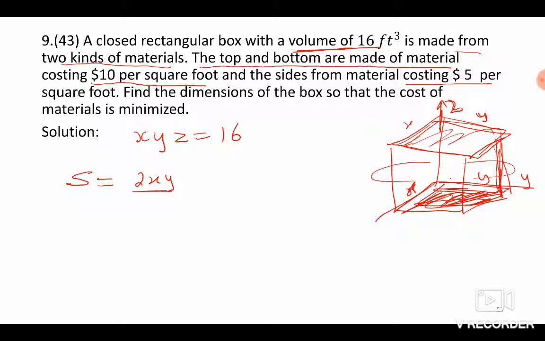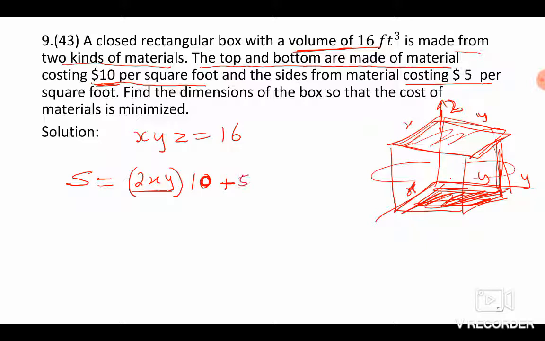For the material for the bottom and top, they spend $10 per square foot, so we should multiply this area by 10. Then you will find the total cost for constructing the top and bottom alone.